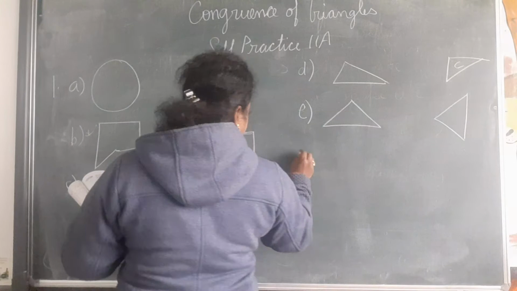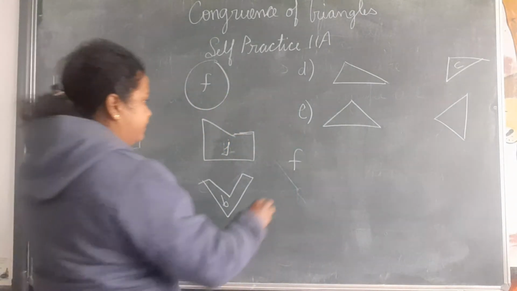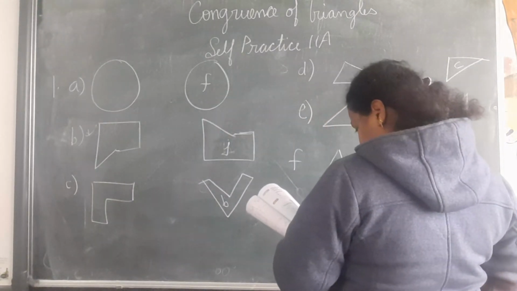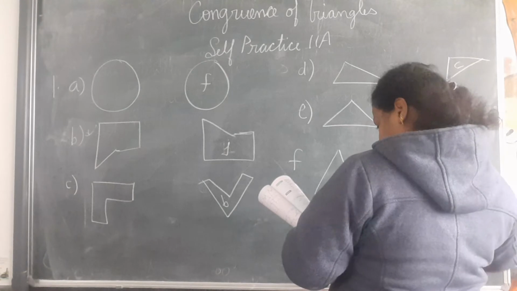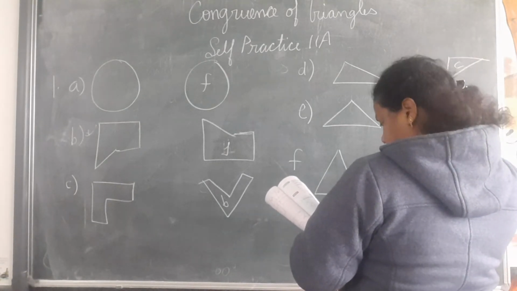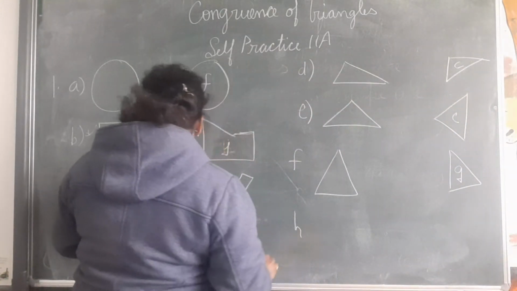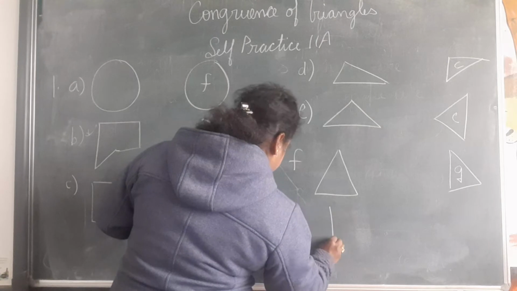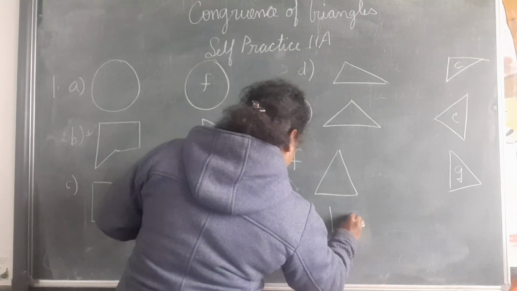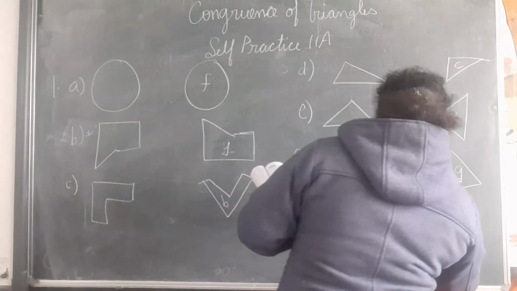Now see the F part. It is drawn like this. H1 is drawn like this, and here comes H.